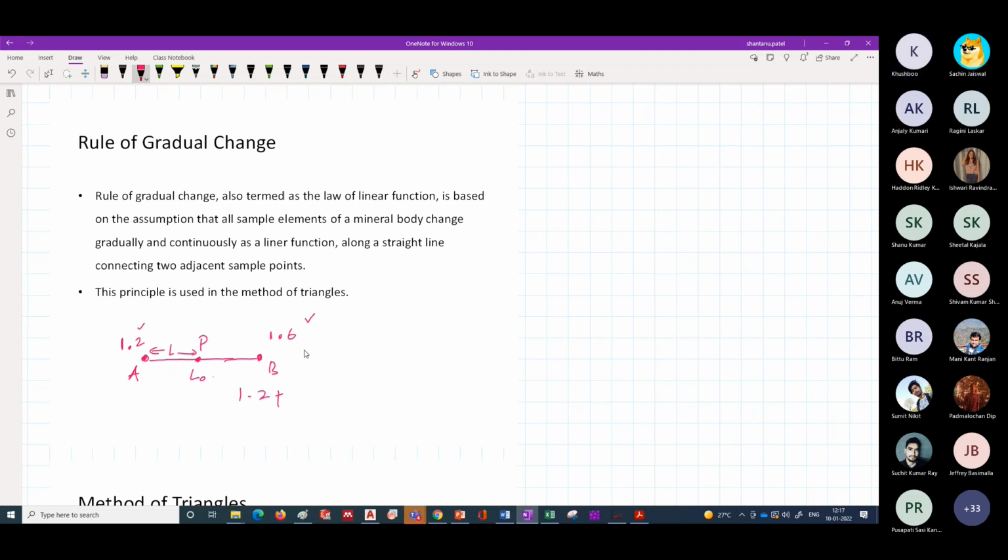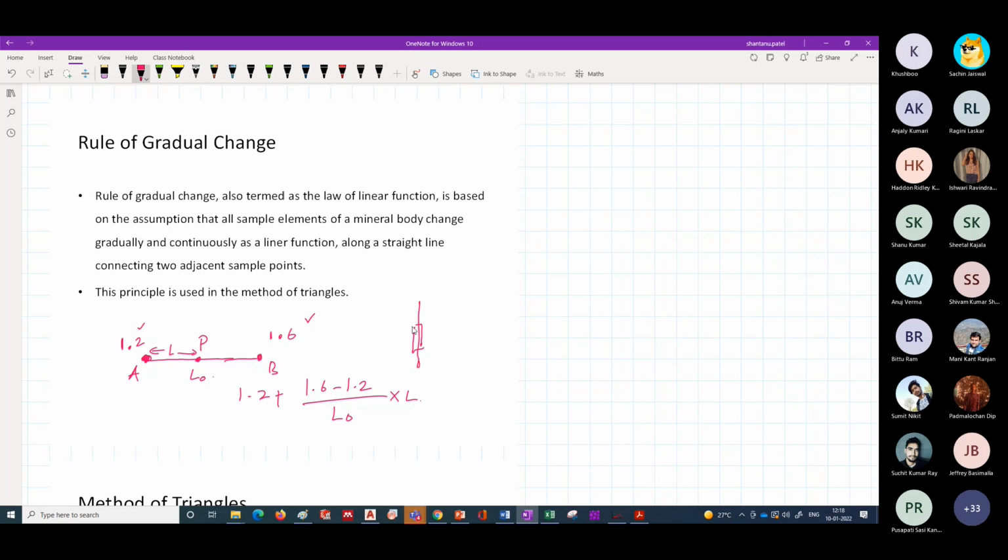Yeah, 0.4 by L0 into L, right? So 1.6 minus 1.2 is the difference, divided by L0, into L. So this is the rule of gradual change.